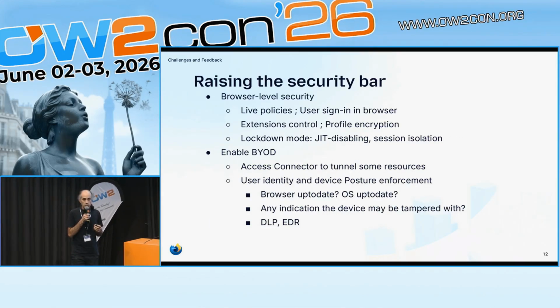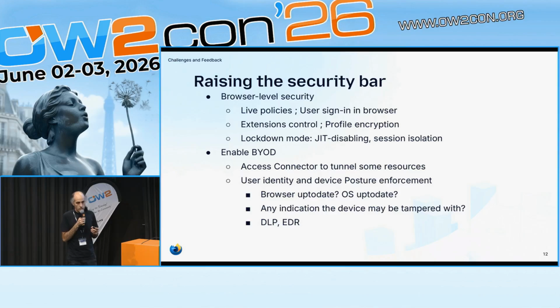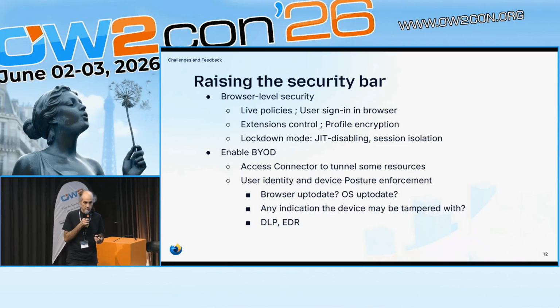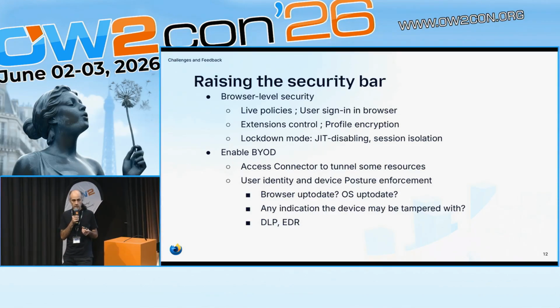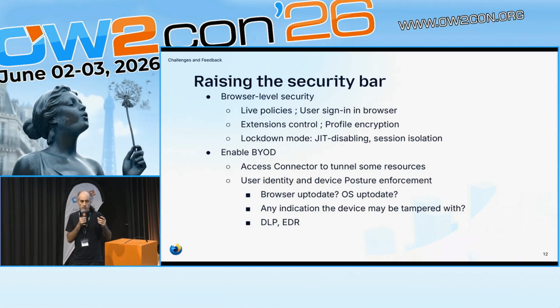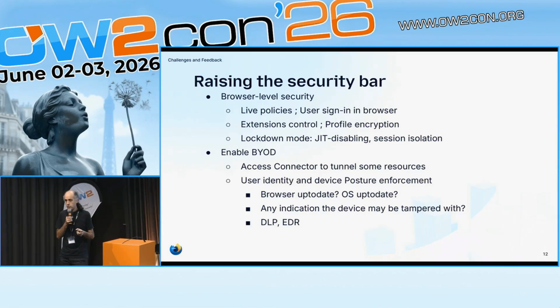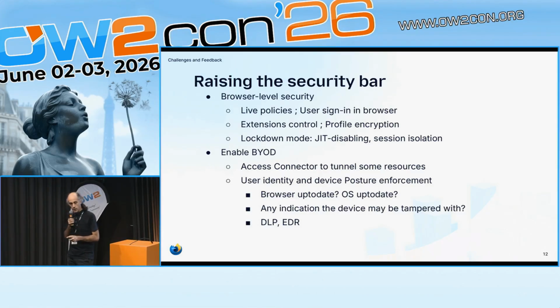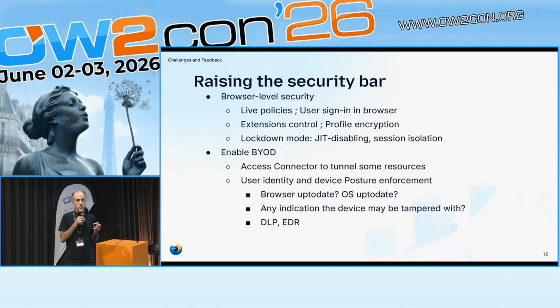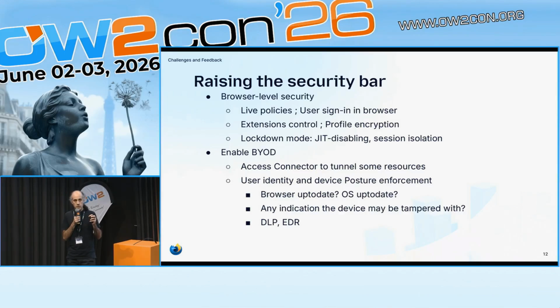How are we raising the security? So as I said, with live policies, with the user being constantly signed on, with extension control through policies, profile encryption, and a nice feature which is lockdown mode. So it's going to enable disabling JIT on some websites, enforcing session isolation.